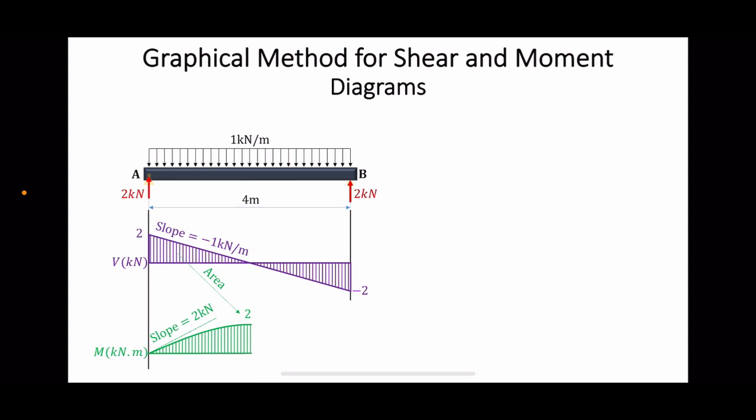Since the slope reduced from 2 kilonewton at point A to 0 at the middle of the beam, we can predict the shape of the moment diagram in that region. Based on the relationship between the bending moment and the shear force in the integral form, we can easily find the value of the bending moment at the middle of the beam, which is equal to 2 kilonewton meters. Now, if we continue from the middle cross-section of the beam, the moment diagram for the second half of the beam will be the following.